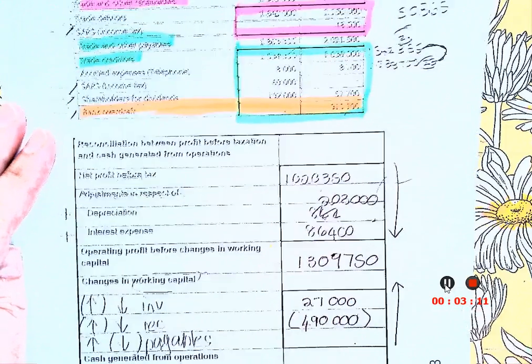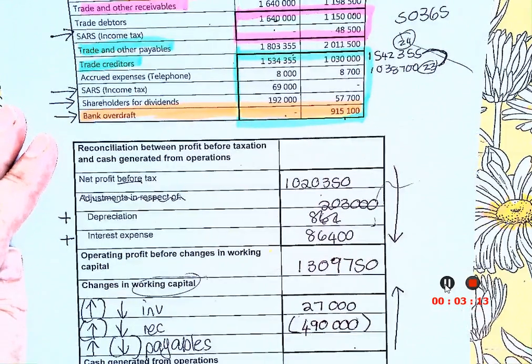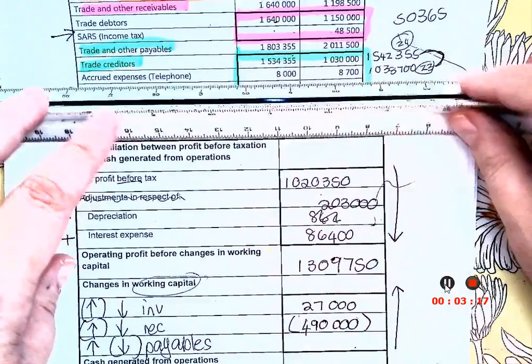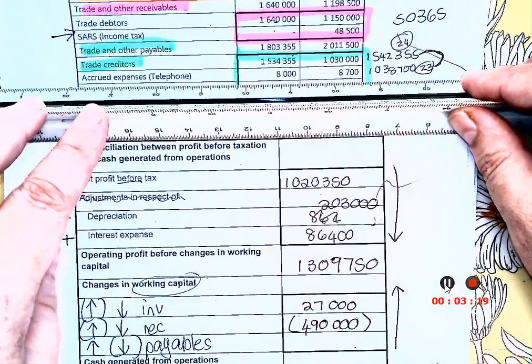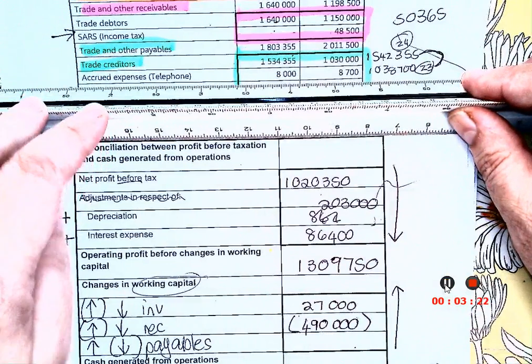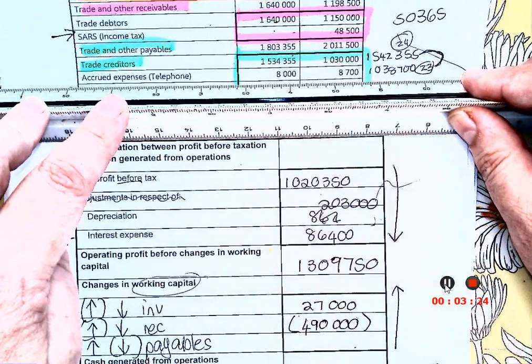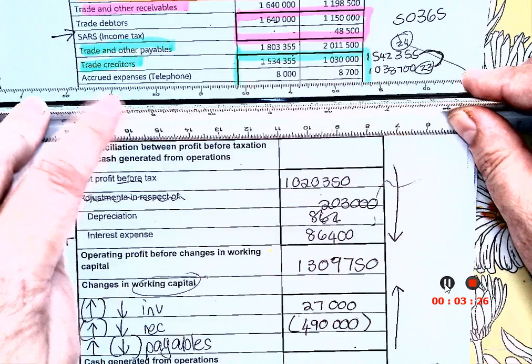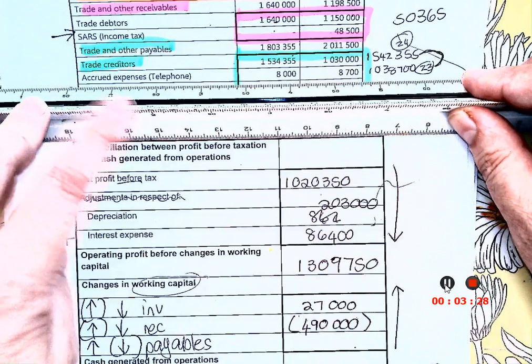Then with the payables I did with you actually yesterday, I said ignore SARS, shareholders and bank overdraft. So you're only going to work here with the trade and other payables and the accrued expenses. And of course, if there was an income received in advance, you would use that as well. Right?